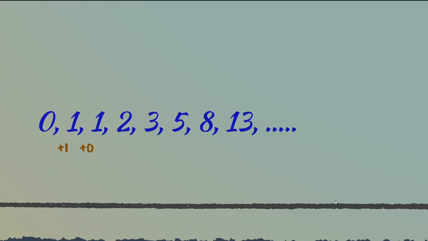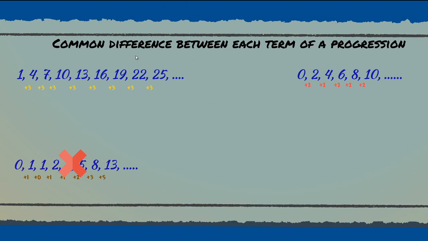But anyways, let us keep looking. 1 plus 1 2, 2 plus 1 3, 3 plus 2 5, 5 plus 3 8, 8 plus 5 13. No, it is gone. There is no common difference. So therefore, Fibonacci sequence is not an arithmetic sequence, or it is not part of an arithmetic progression, because there is no common difference. Do you see that?